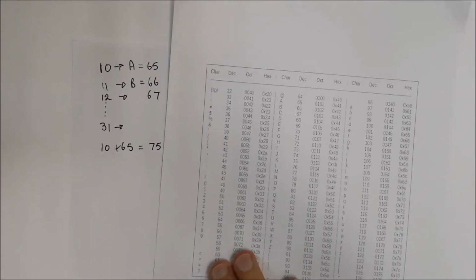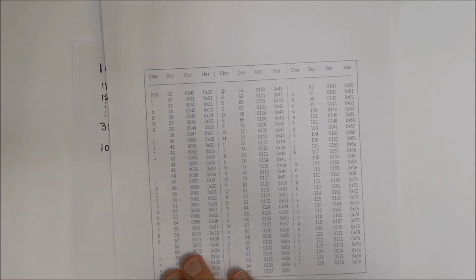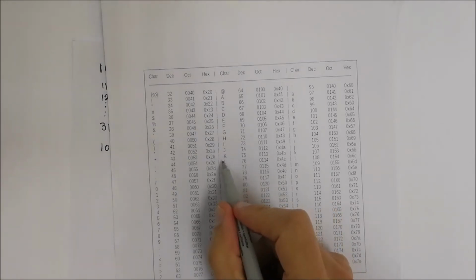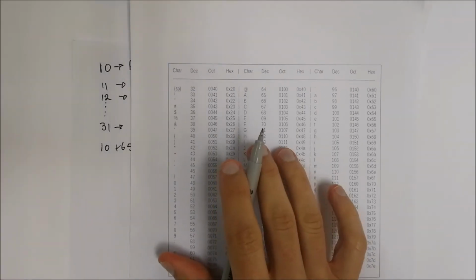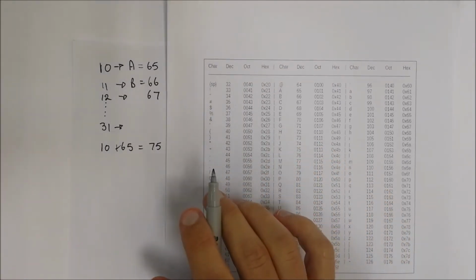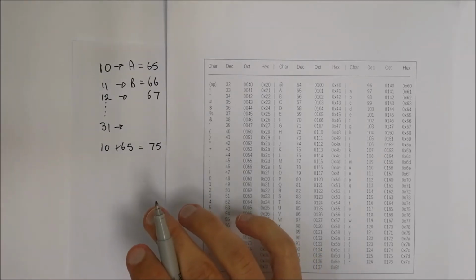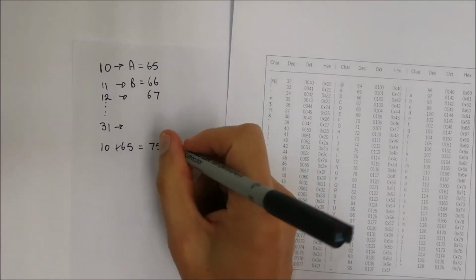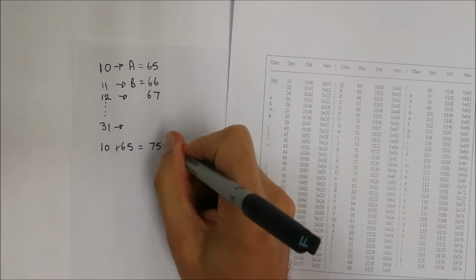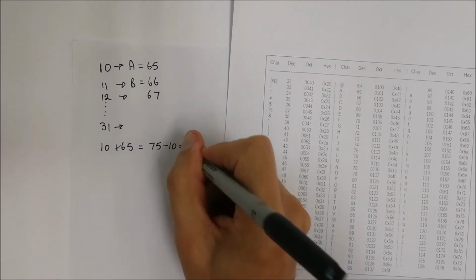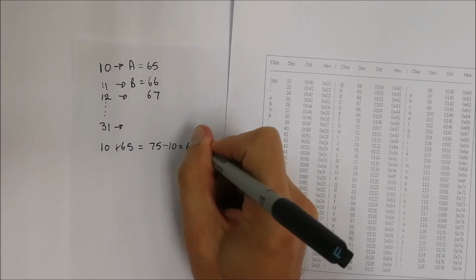Okay, that's fine. But if we look at 75 on the ASCII table over here, that's K. We can't do that correlation. But this is because we haven't considered the numbers from 0 to 9 that are also over there. So if we subtract 10 over here, that will be equal to 65.